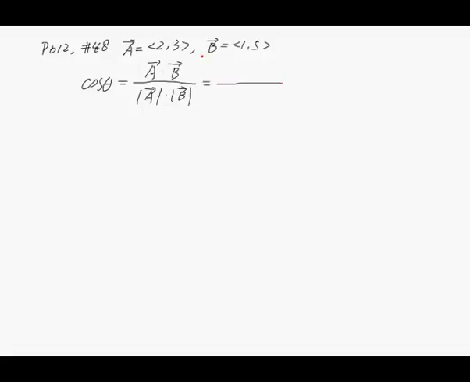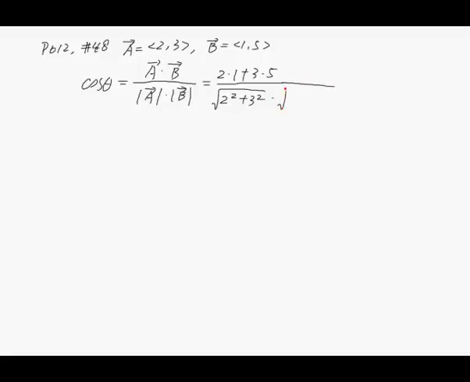So let's get the dot product of these two vectors. You have 2 times 1 plus 3 times 5, right? Then for the magnitude of A, 2 squared plus 3 squared, and then take the square root.